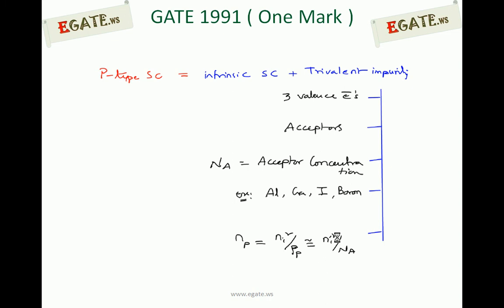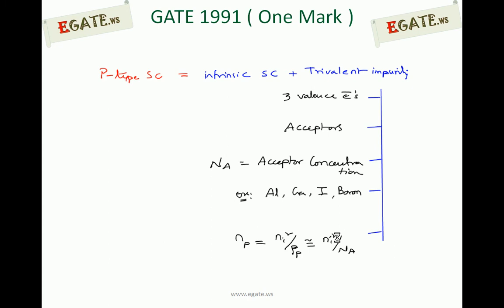So trivalent impurity is also called an acceptor, as it accepts an electron to get a stable configuration. The number of trivalent impurities you are adding to form a P-type semiconductor is indicated with Na, the acceptor concentration, that is how many acceptors you have added per unit volume.